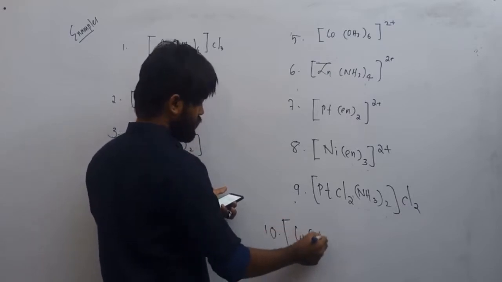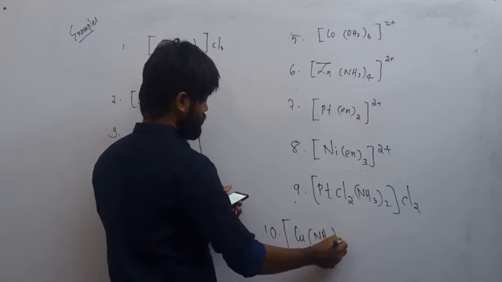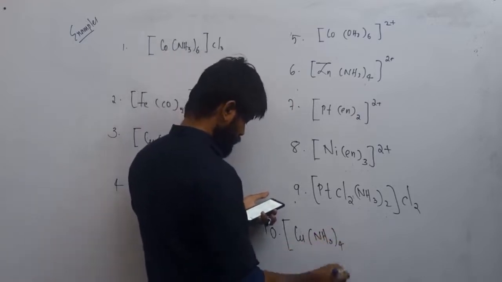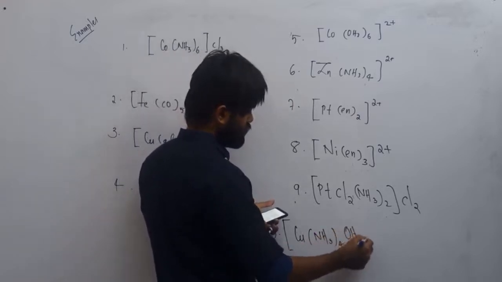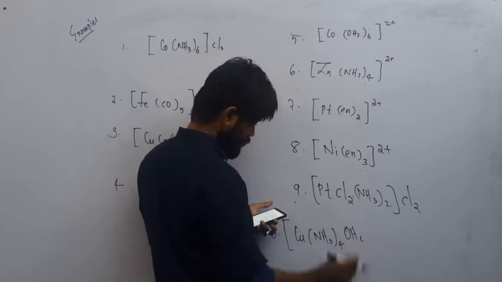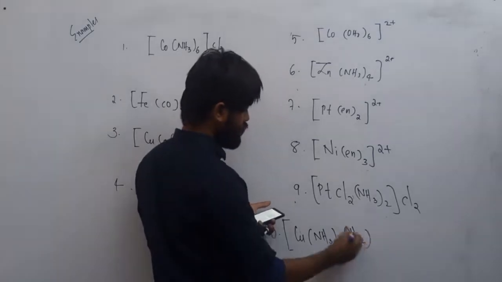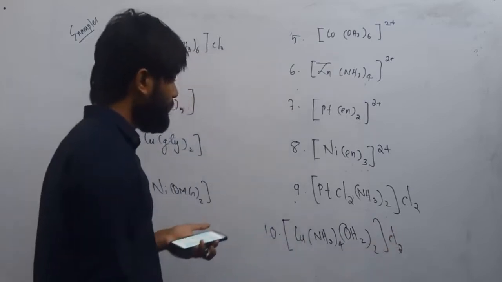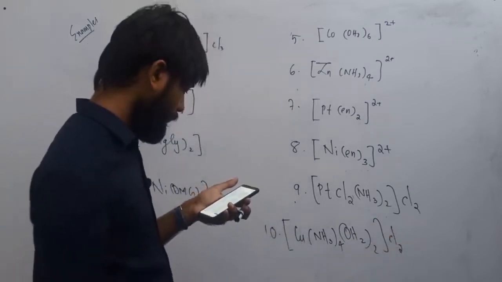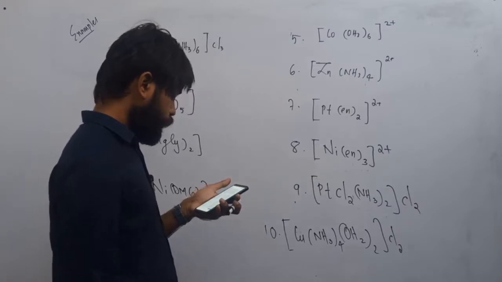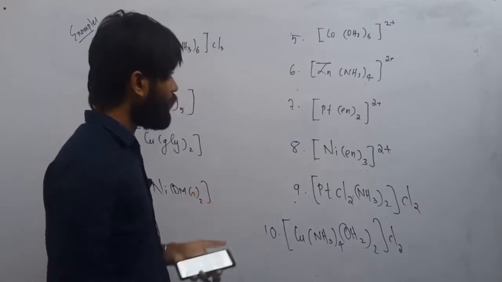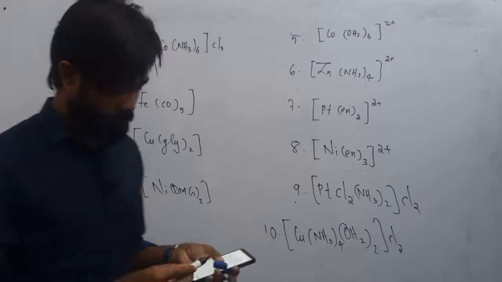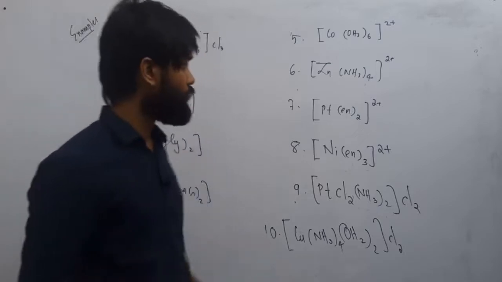Cu NH3 4 times OH2 twice all of Cl2. Okay, ready. So this much is enough in the first section.